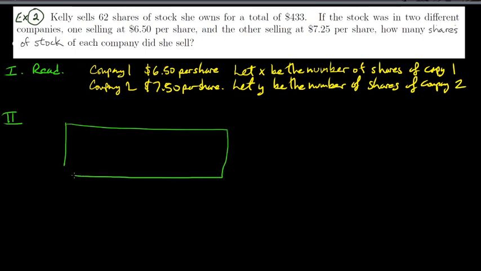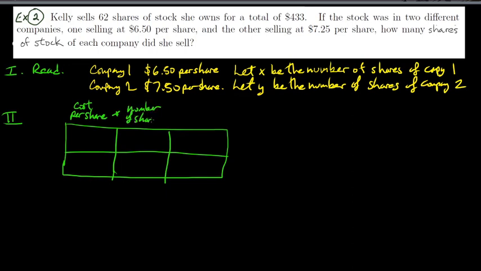So again, if I were you, I would make a table. Comes in very handy. All right. And so let's start with the columns, right? We have the cost per share, right, times the number of shares, and this will be the total cost, right?